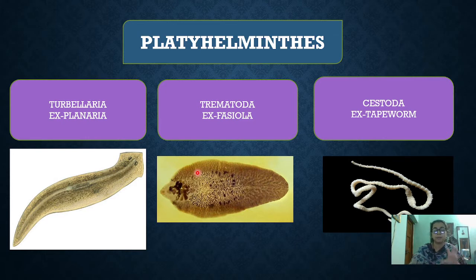Because this type of fluke mainly attacks sheep. Then Cestoda, whose example is tapeworm: Taenia solium, the pork tapeworm, and Taenia saginata, the beef tapeworm. We will discuss them later on. So these are the three classes seen under the phylum Platyhelminthes. Now we will discuss each of them in detail.